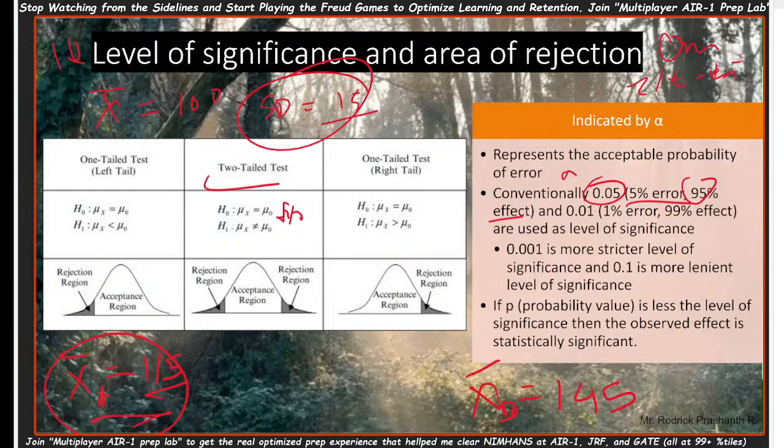If we use the Z score formula, this minus 100 divided by the population's standard deviation, you will get plus 3. Obviously, plus 3 is way, way, way beyond 1.96. So you will confidently say that this is significantly different from our population.